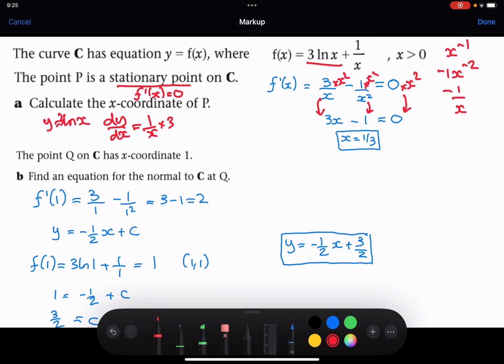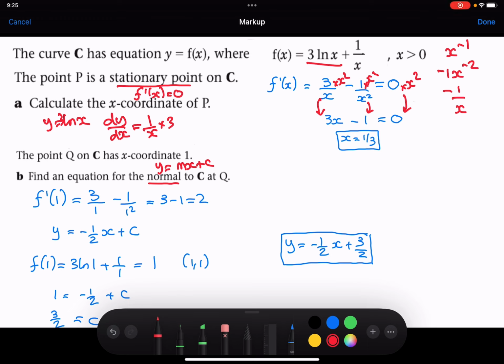For the second part of this question, I was told that point Q on the curve has x coordinate 1, and I needed to work out the equation of the normal to the curve at that point. So normal, I'm thinking y equals mx plus c, but I'm also thinking negative reciprocal.